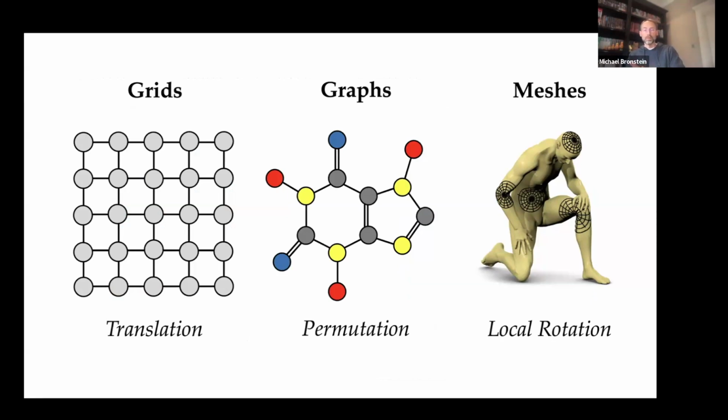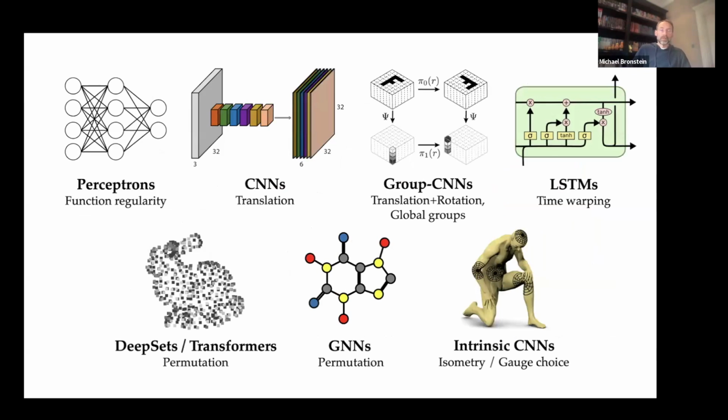It has to do with the choice of the local system of coordinates, which you can choose up to rotation, which on two-dimensional surfaces, which we use, for example, to model proteins at times, is SO(2), the special orthogonal group of dimension 2. And we can also see, we have an entire book on this, that many popular architectures that you probably use are special instances and can be derived from these first principles.